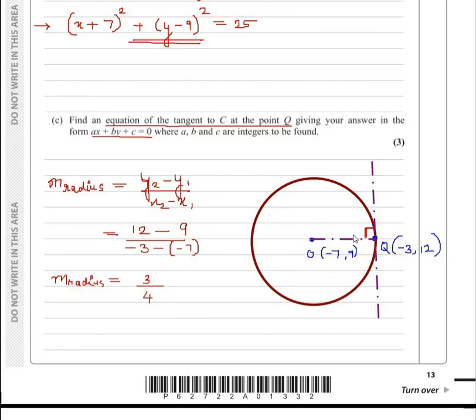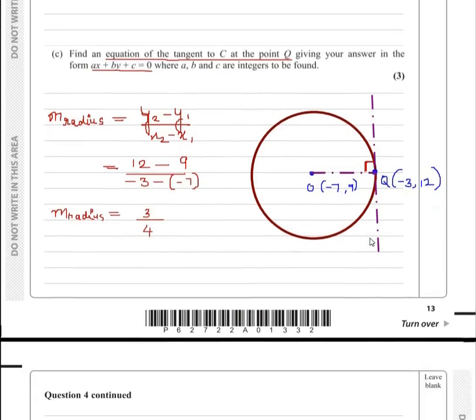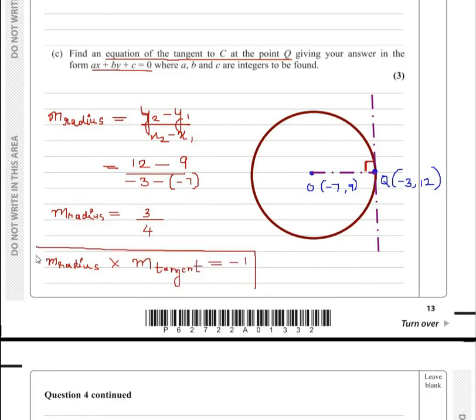Now the tangent is always perpendicular to the radius. When two lines are perpendicular, we write the formula as the gradient of the radius times the gradient of the tangent equals −1. This is the formula we always use when the lines are perpendicular.